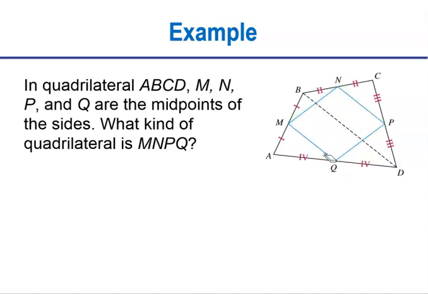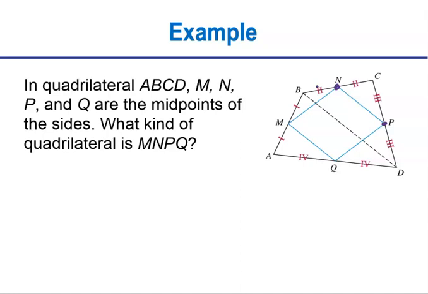Okay, now very important that it said that M, N, P, and Q are midpoints. So let's focus on N and P right here. Now, you see the dashed diagonal between B and D, that's a diagonal of our quadrilateral. Let's just focus on the triangle on the right side of that diagonal, which means we can use our mid-segment rule.